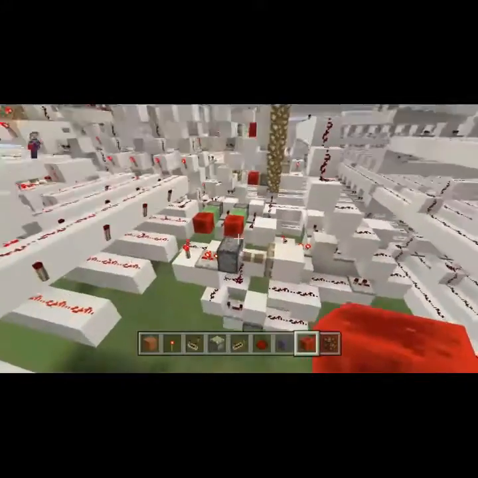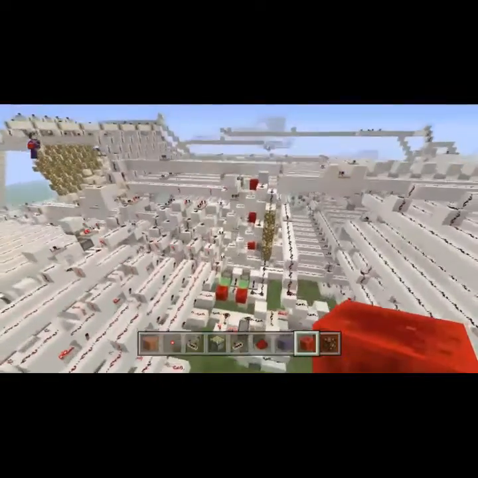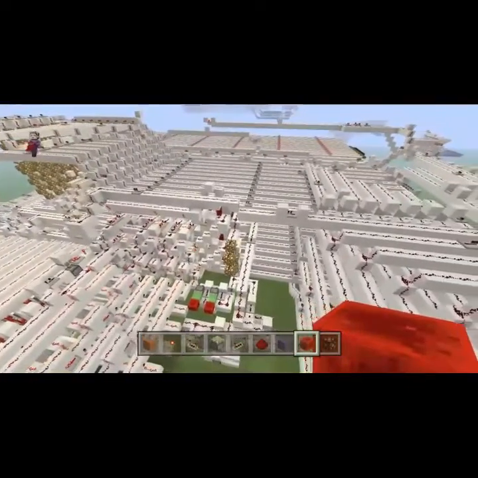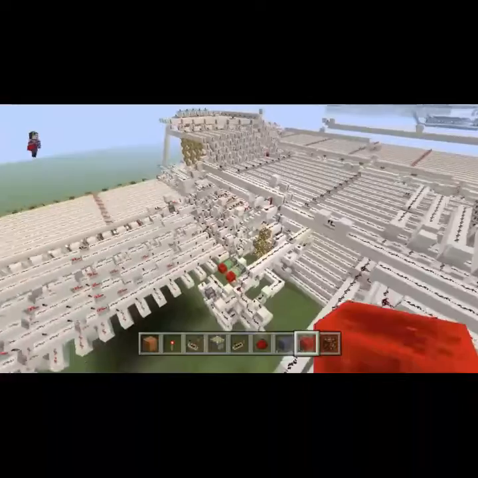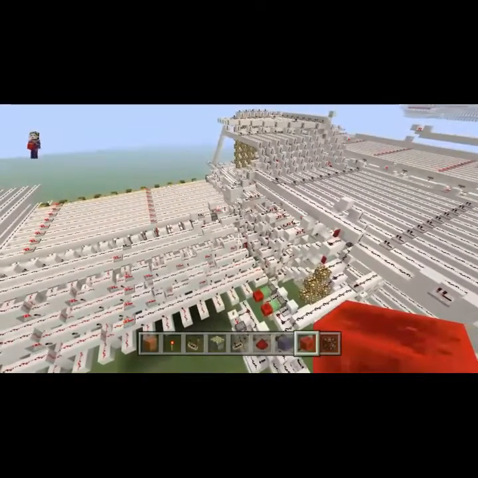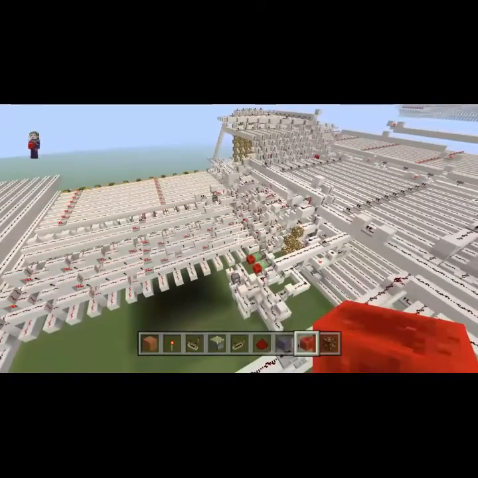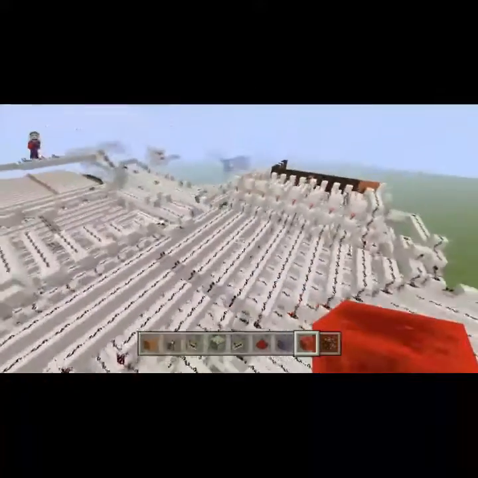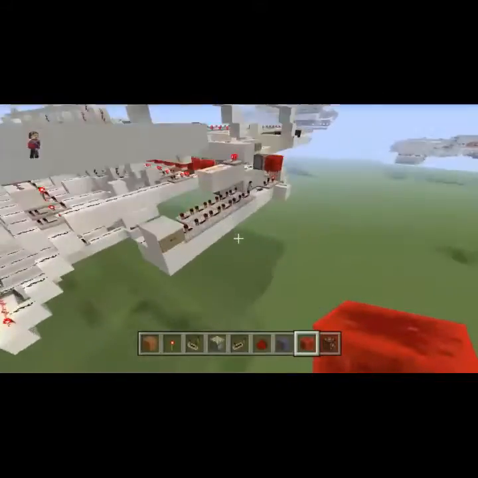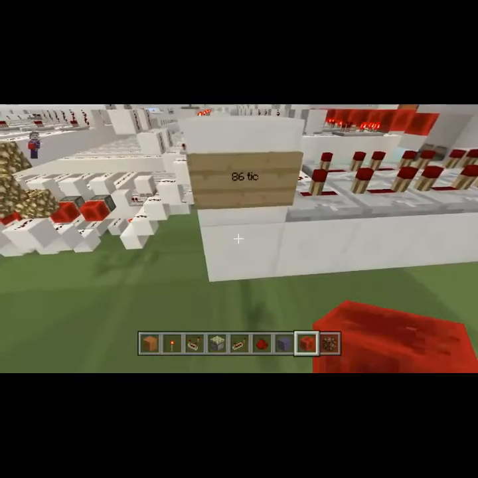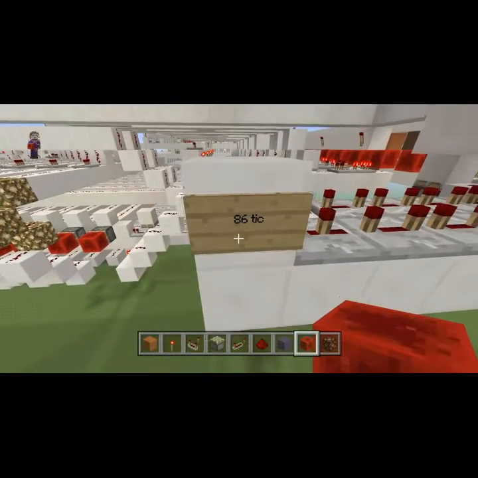So that's how this is set up. Now, unfortunately, this is actually the bottleneck of the computer. And I'm not even joking either. Because of this, the computer's fastest clock setting is 86 ticks.